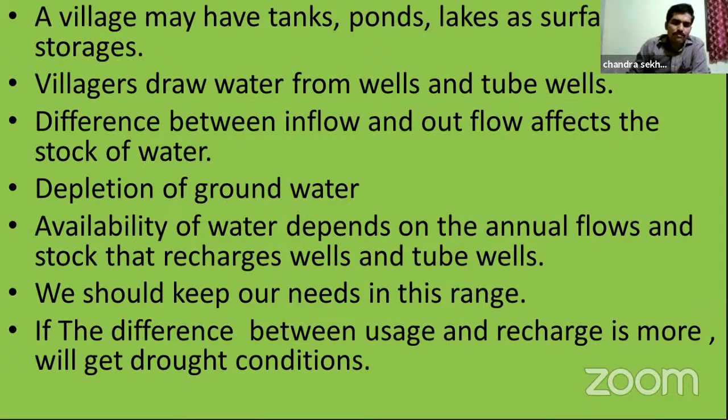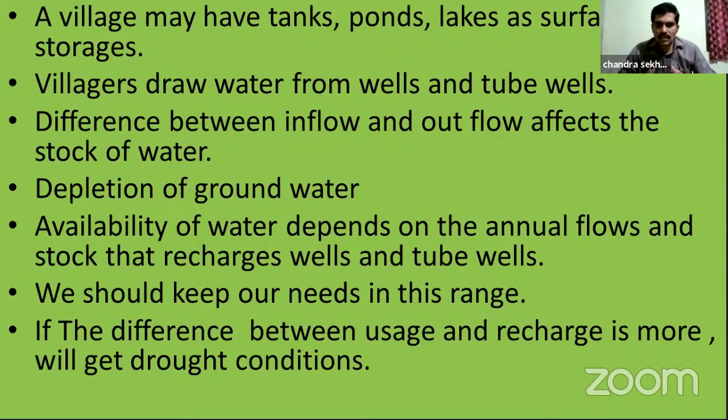Then, availability of water depends on the annual flows and the stock that recharges wells and tube wells. So in every rainy season, we should try to recharge more water. That will affect the next year's availability of water. So we should keep our needs in this range.